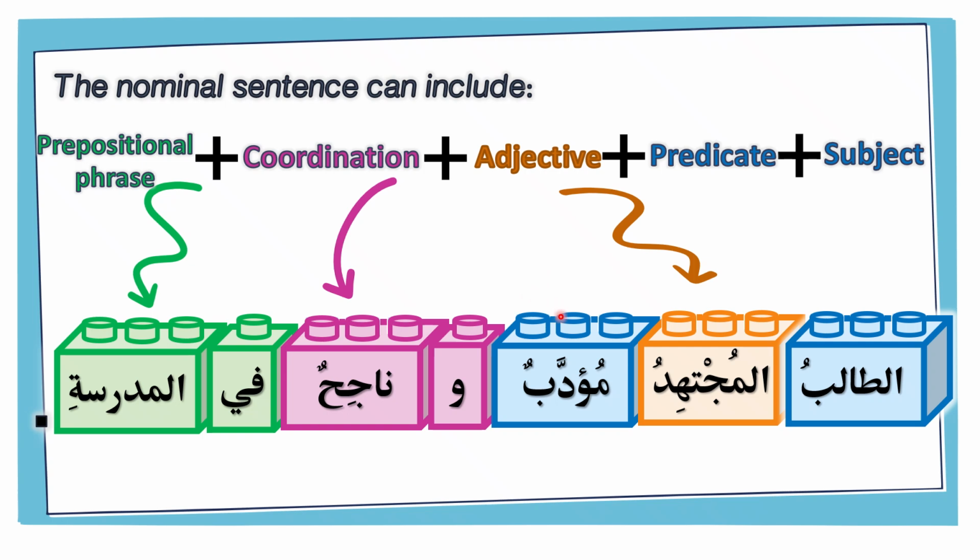We said he's مؤدب وناجح, additional information. And then we finally ended with a prepositional phrase which explains the location of the information we're giving. And you notice it has a totally different grammatical case, so it's in the genitive case. So you see this is an example of a nominal sentence put together with two different grammatical cases.